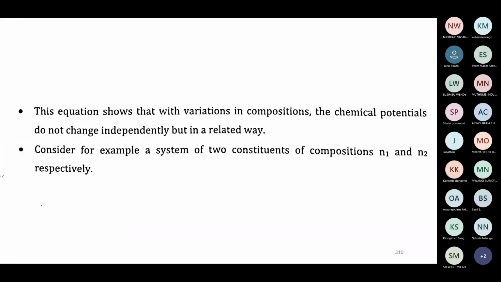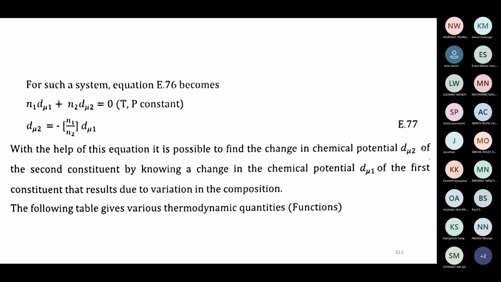Now, consider for example a system that has two constituents of compositions n1 and n2. This expression becomes n1 d mu1 plus n2 d mu2 equals 0, where T and P are constant.